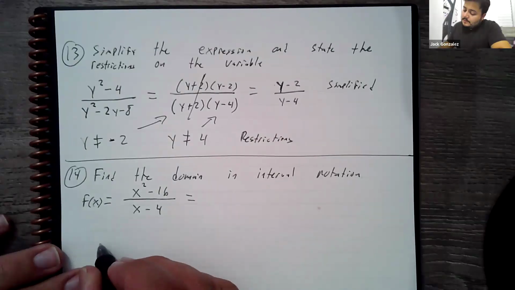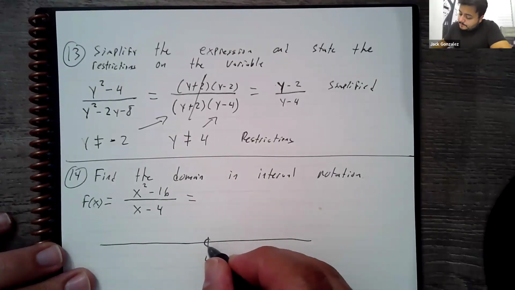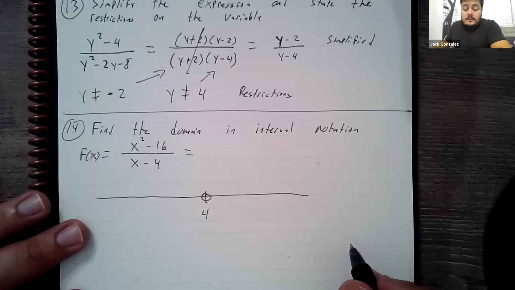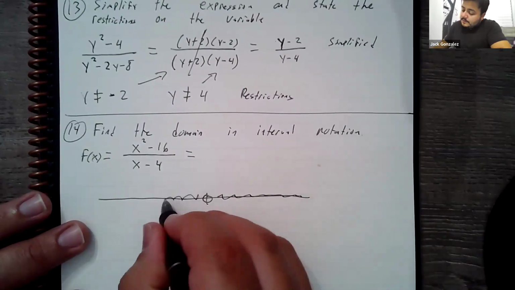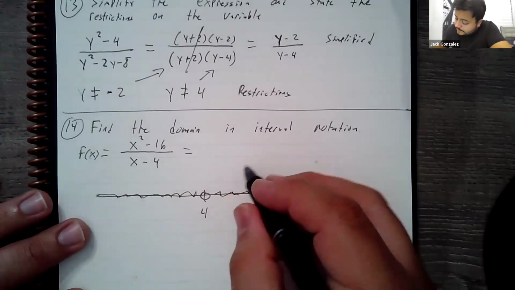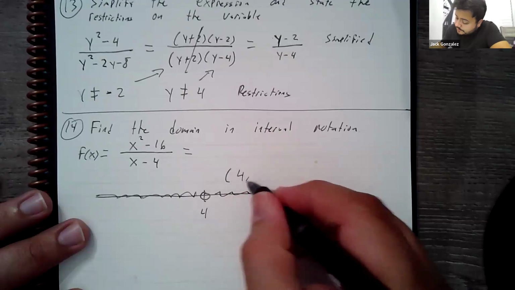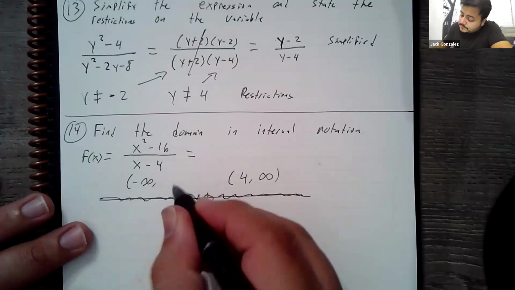Yeah, I think you're right. We have a problem at 4, right? So everything after is cool. Everything before is fine, but not at 4. So yeah, you create 2 separate intervals. So you said 4 to infinity over here, and then negative infinity all the way to 4.